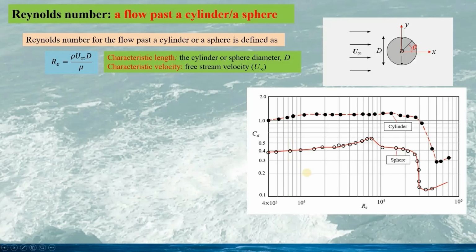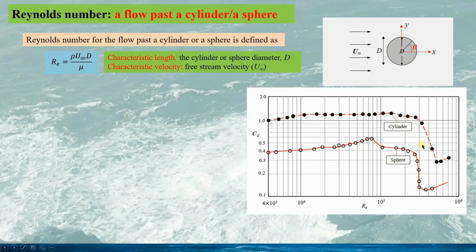In many reference books, we can see a drawing like this for the drag coefficient CD against the Reynolds number for the sphere and the cylinder. So we can see the drag coefficient for the cylinder is much larger than the drag coefficient on the sphere. And the trends of the drag coefficient with the Reynolds number are very similar for both sphere and cylinder.